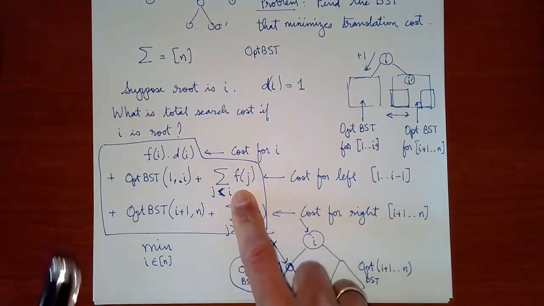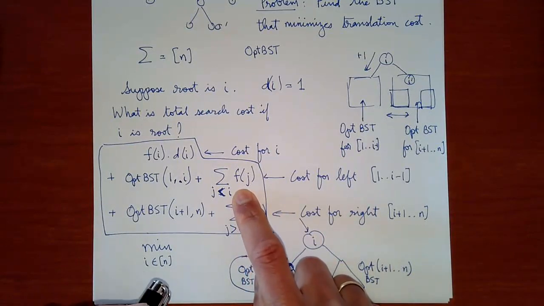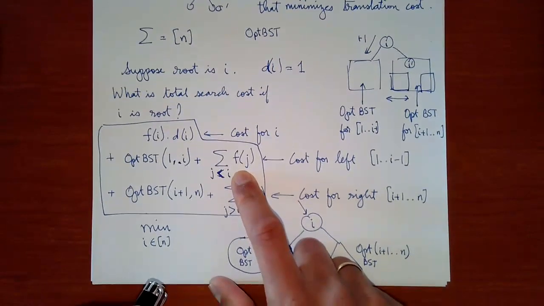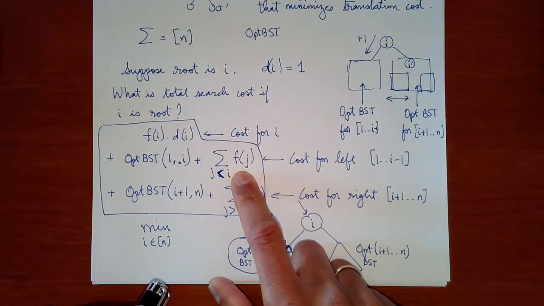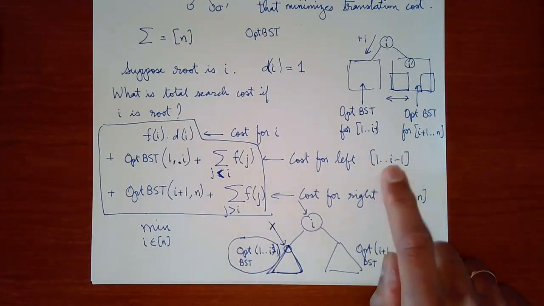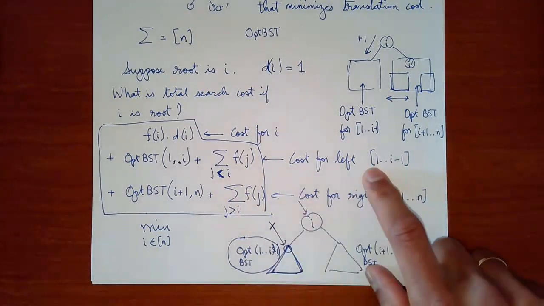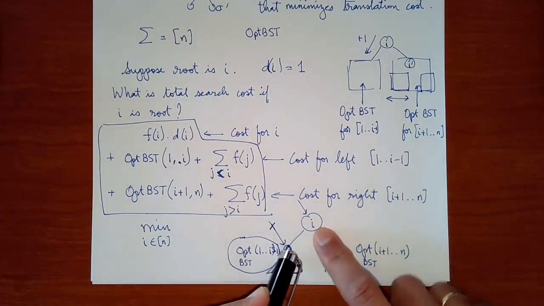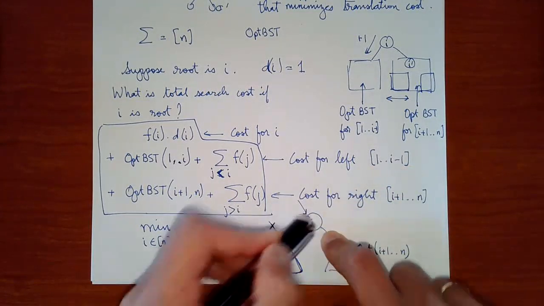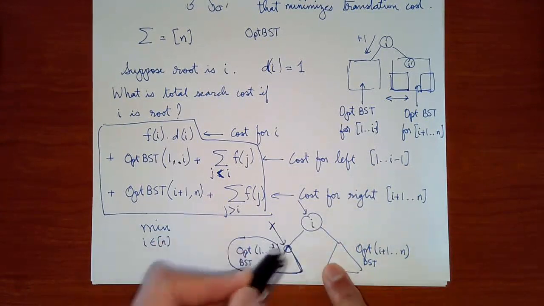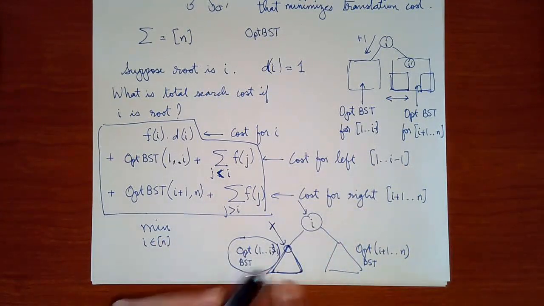Do you understand why there is that extra term there? So would it be just plus 1 per element in the left BST? Exactly. It's plus 1 for every element, right? Because every time you search for an element in this tree, you're going to have to first start at I, you're going to go down one step, and then you're going to do whatever the optimal tree tells you down here.